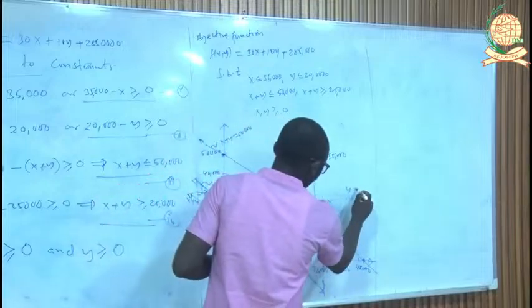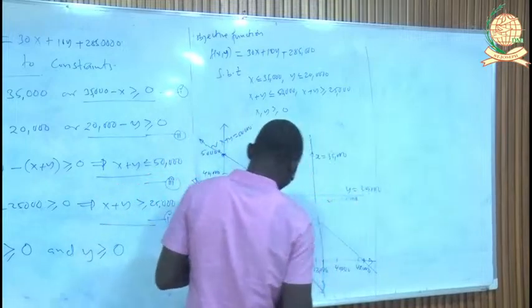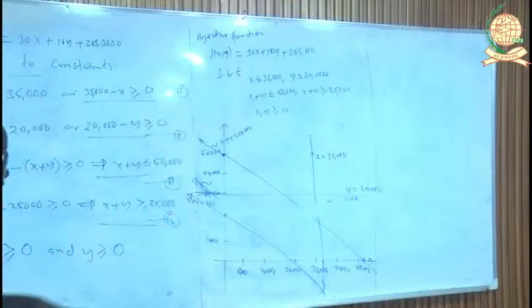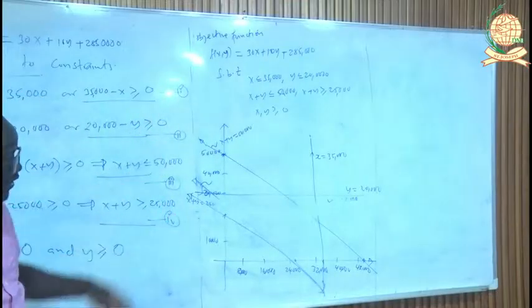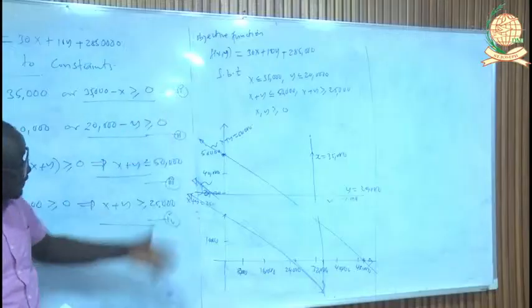So this line is y equals 20,000. So this is the rough sketch, and you can follow up on our website to see the clear graph on how to draw it.